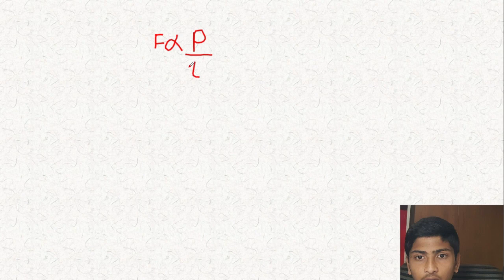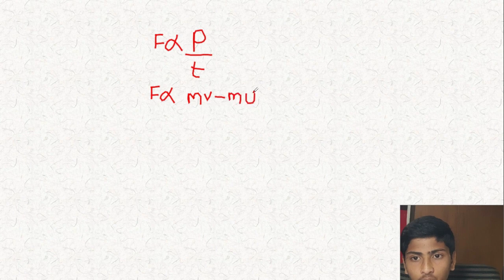So F is proportional to P by t, where P we can write as mv. So F is proportional to mv minus mu by t.